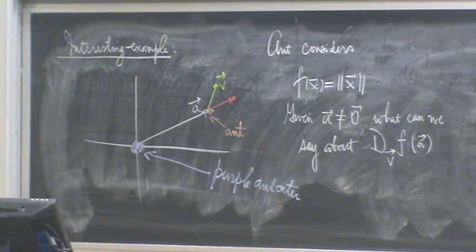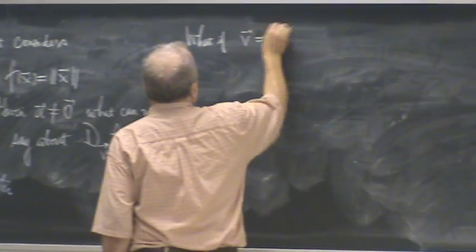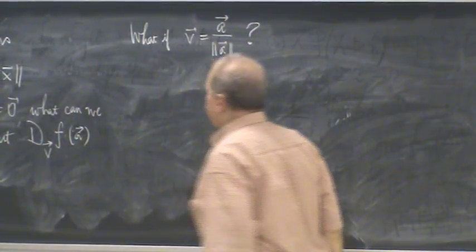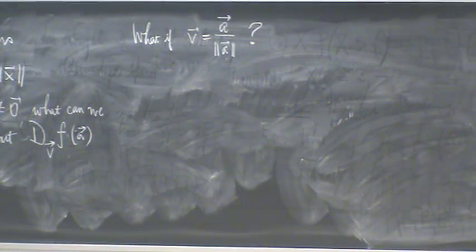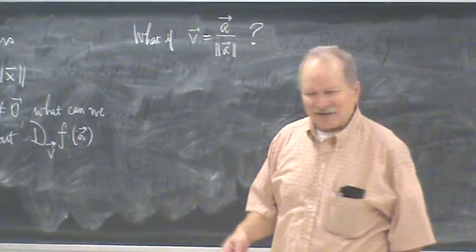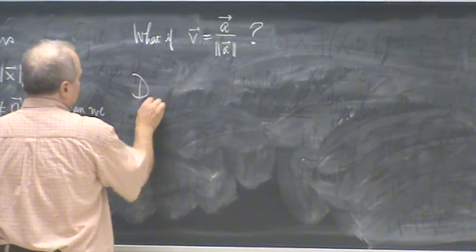Okay, so what if we take a unit vector in the direction of A? Can we actually compute this directional derivative? I only have so many favorite examples. So what's the definition?